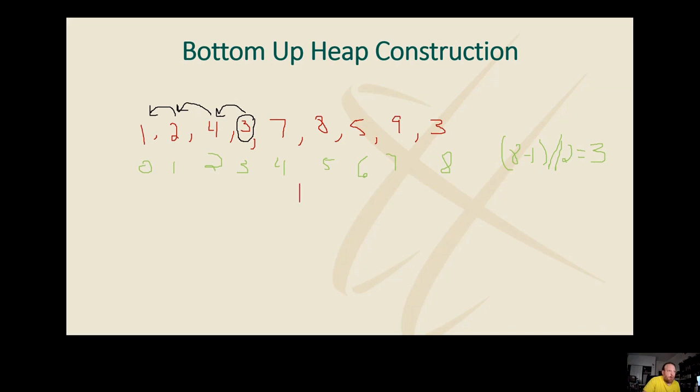Do we have a heap? 1, 2, 4, 3, 7, 8, 5, 9, 3. That is a valid heap. So that's how that works.